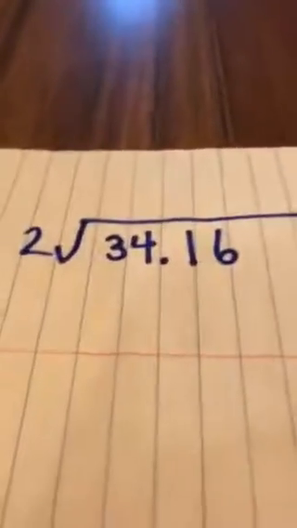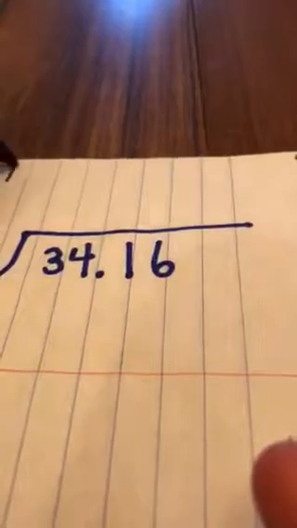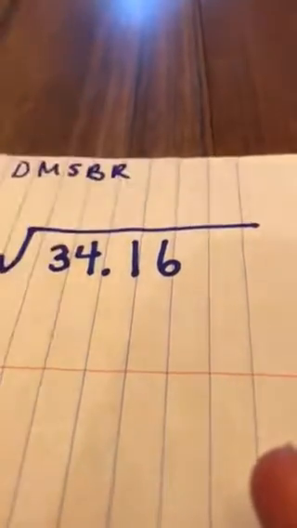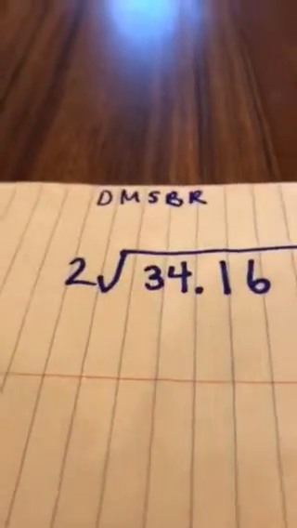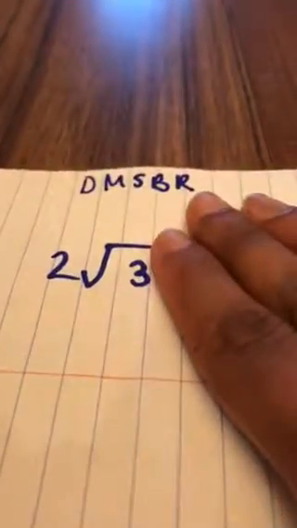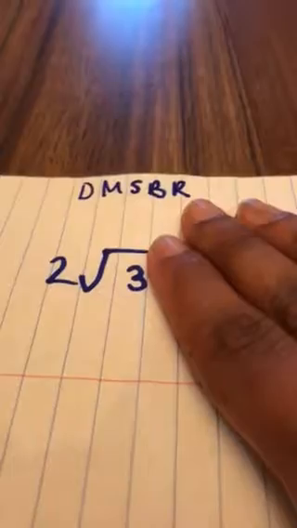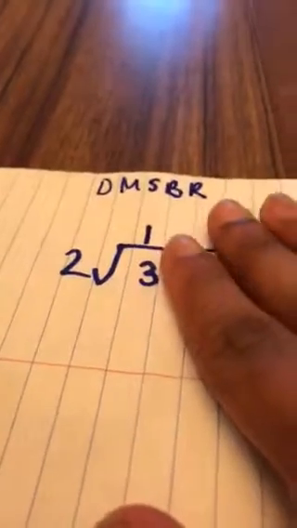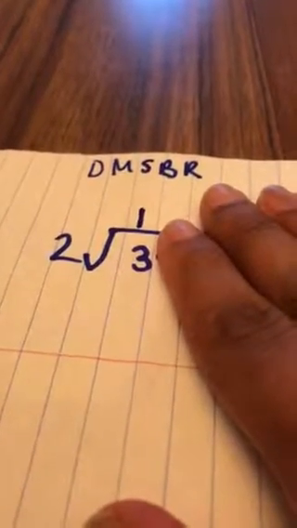Now we're going to come over here to the second problem. And again, we're going to use the same process. All right. So first we're dividing digit by digit. We see, can the 2 fit inside of the 3, which we know it can. So we're going to place a 1 here because 2 can fit inside of 3 one time. So that's the division step. Then the M is multiplication.